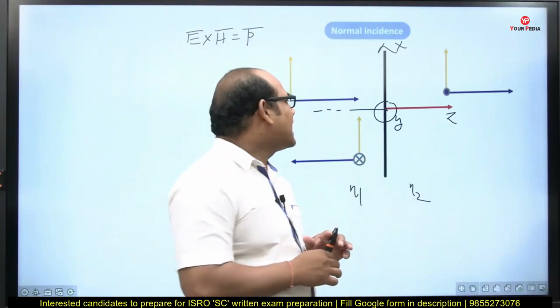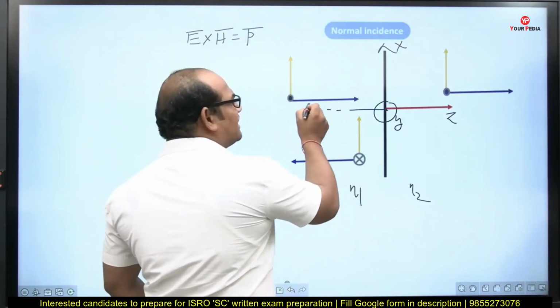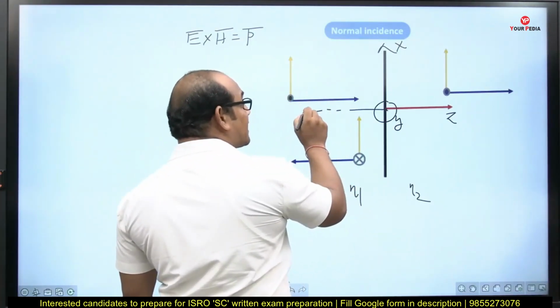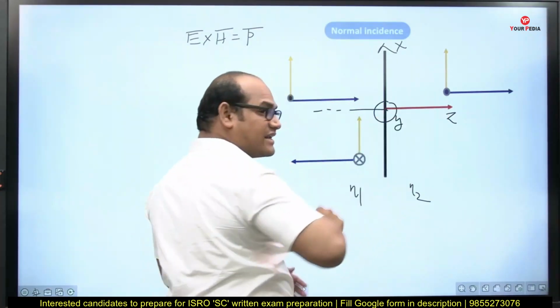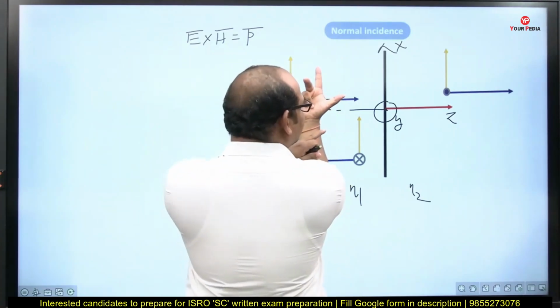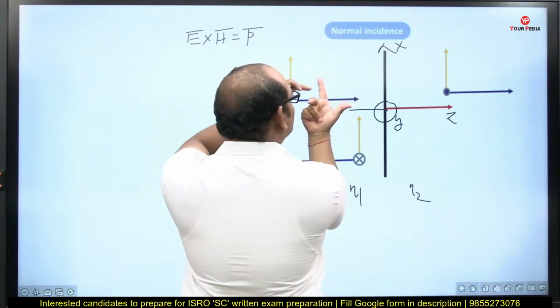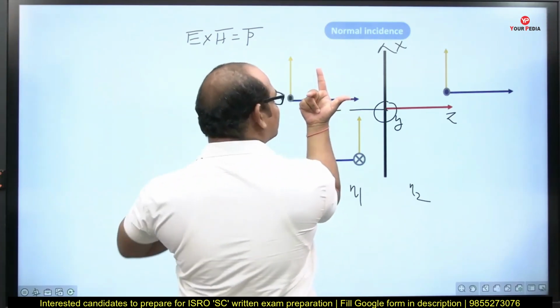Now see carefully, we are already saying the electromagnetic wave is moving towards the normal direction, that means in the Z direction. That means our right hand thumb we have to keep towards the Z direction, so this forefinger is representing the electric field and this middle finger is representing the magnetic field.